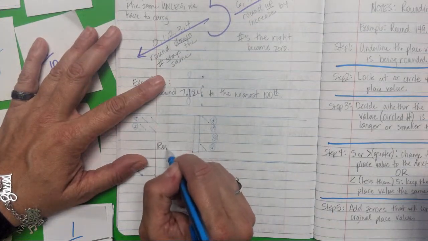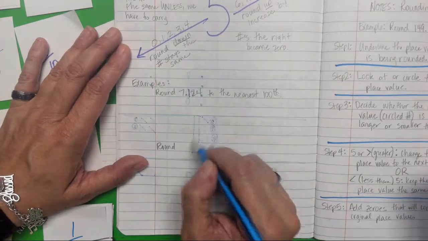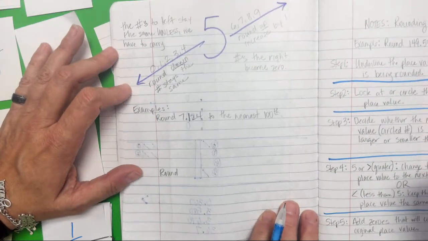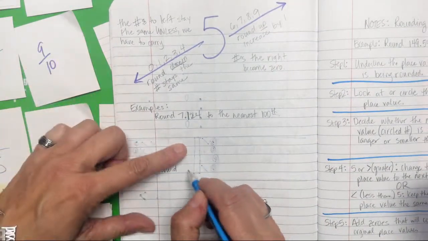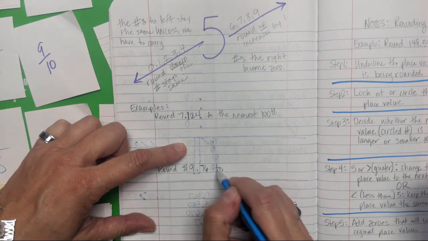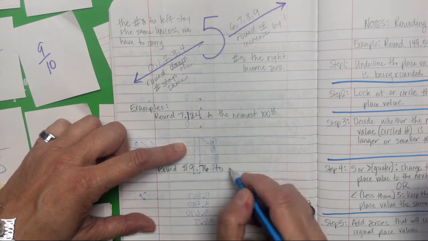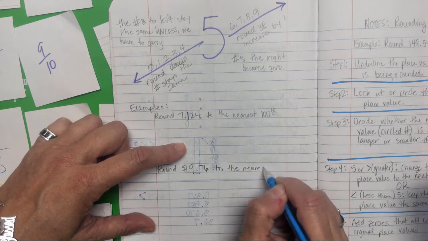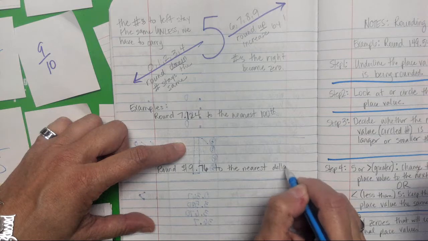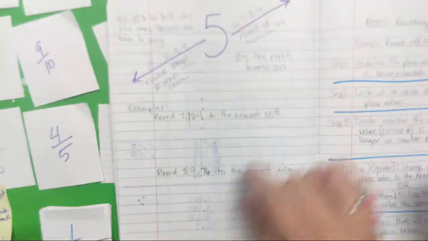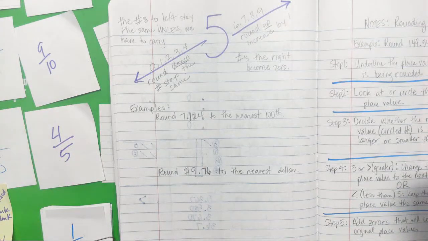And our second example, oops, I didn't realize you couldn't see that. We're going to round $9.76 to the nearest dollar. So you work on those. Make sure you leave yourself some space in case you got yours incorrect. That way we can correct that when we go over it with our notes.